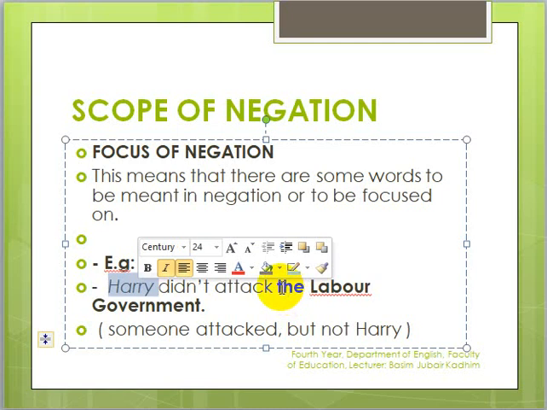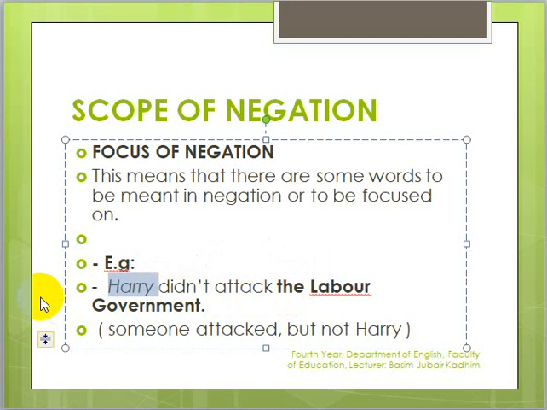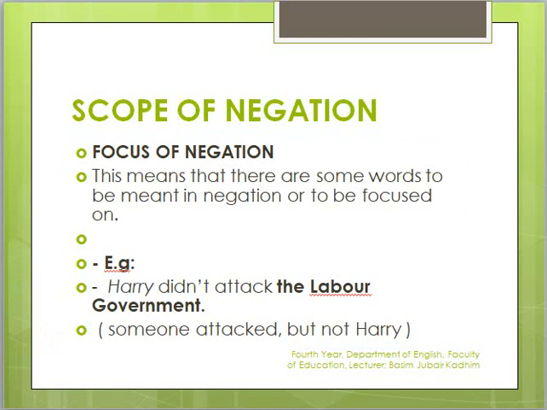Here the focus is on the government. So it can be Harry attacked something else but not the labor government, and so on and so forth. It depends on the speaker's expectation or speaker's intention in terms of the focus of negation.